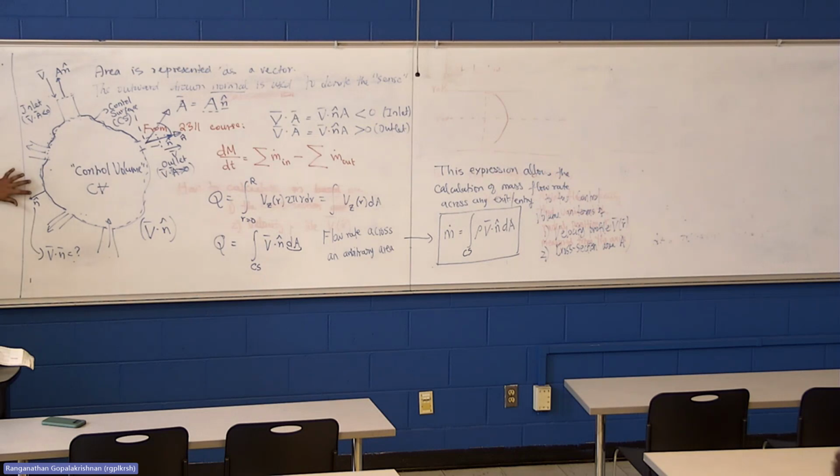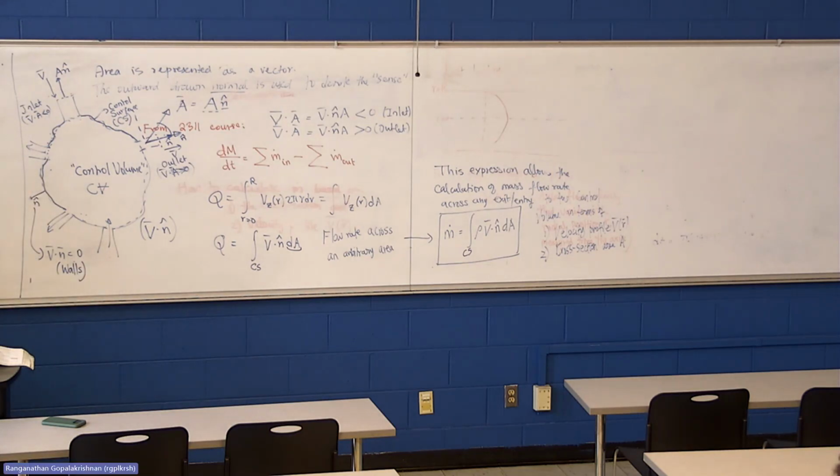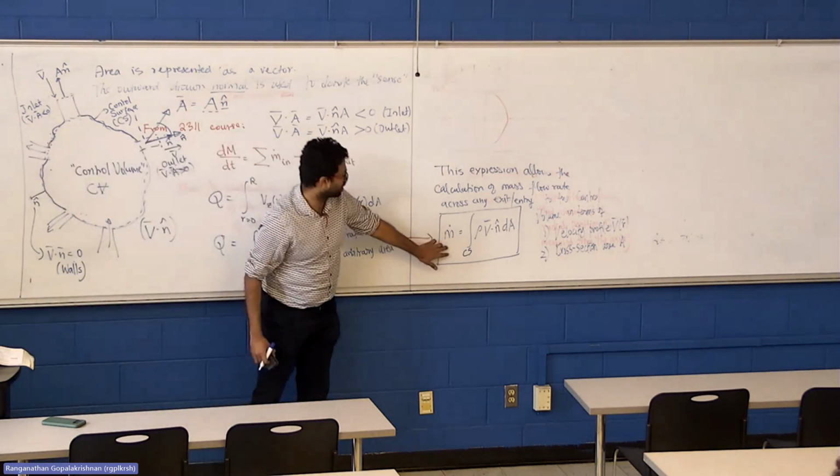Because velocity is zero. You can't have a flow penetrating a wall. The reason it's called a wall is that it can't be penetrated. So regardless of what direction the normal vector locally is, V dot n is zero along walls. If fluid can't get through, V dot n is zero. That's another way of saying mass flow rate across a wall is zero.